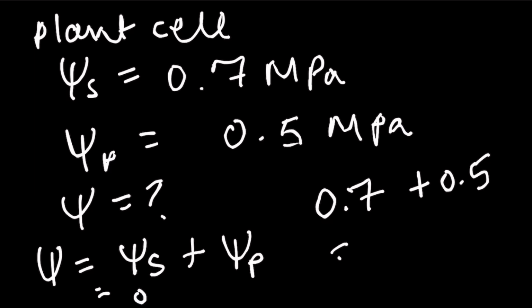So I'm just going to put a negative sign over here. Anyway, just remember there is a negative sign in front of the 0.7 and there's a positive sign in front of 0.5. So negative plus positive, we're going to subtract, and the answer will be 0.2, but we will put the sign of the bigger number, that will be minus. So the answer will be minus 0.2 megapascal.